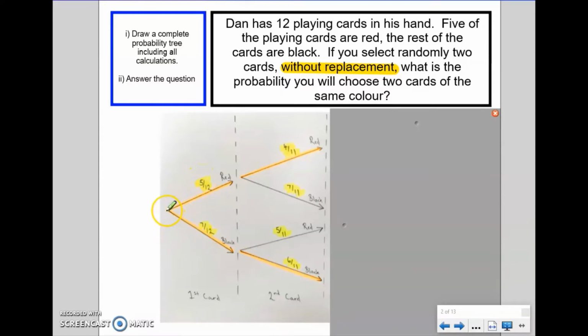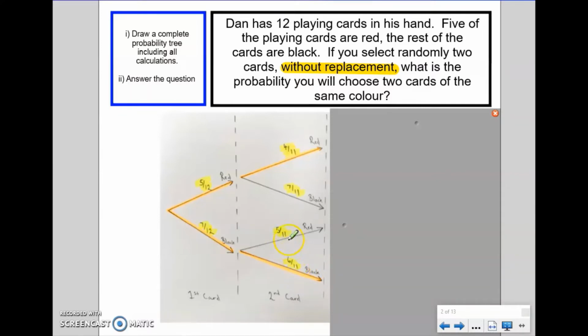The other option I have is that I chose a black on my first card. My first pick was a black card, which now means for my red probability, I've still got my 5 red cards that I started with, but I've got 11 altogether because I lost 1 from the pack. If I was to have chosen a black card, then my second probability for a black would be 6 out of 11. 1 less black and 1 less altogether.